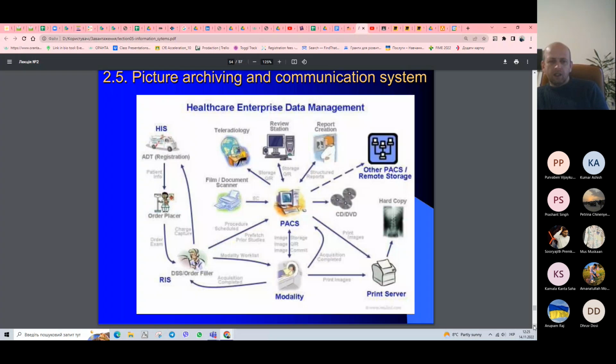Now you can see a different picture archiving and communication system.